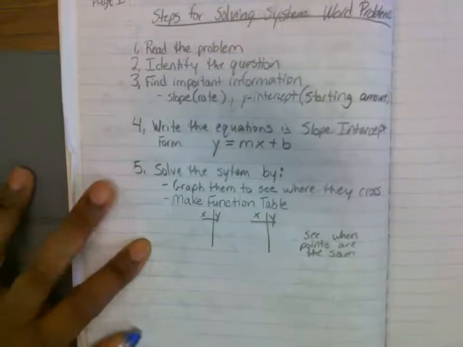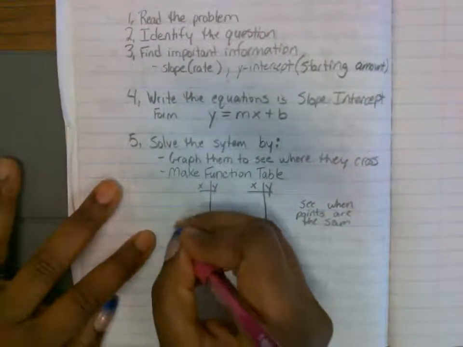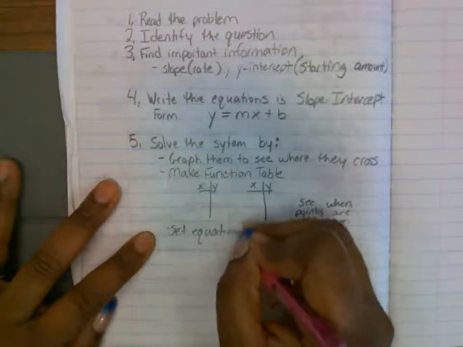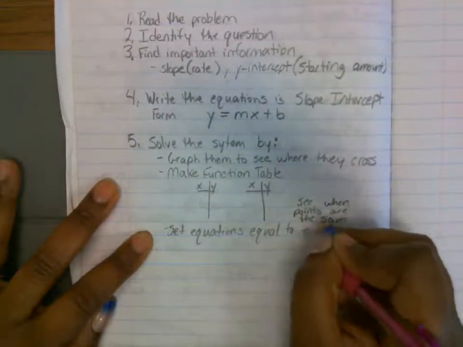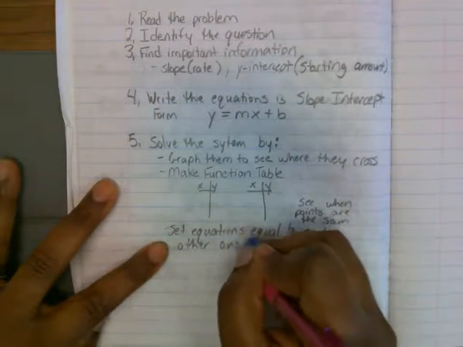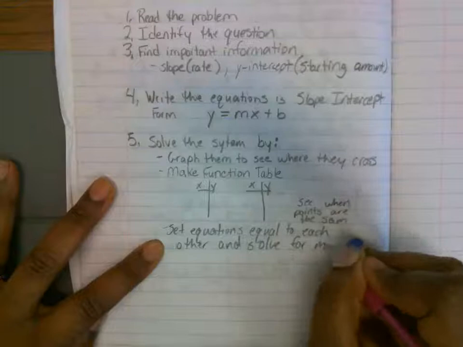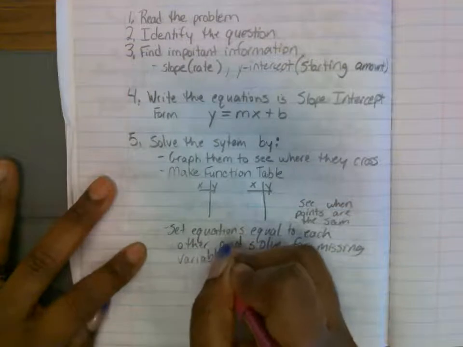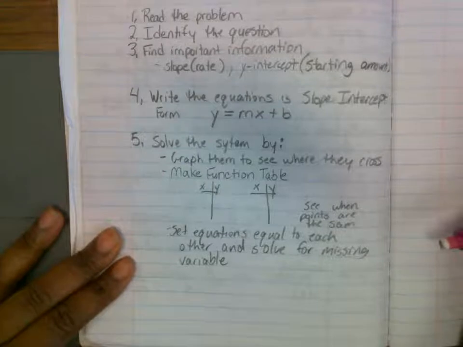Or you might lastly set the equations equal to each other and solve for the missing variable. Set equations equal to each other and solve for missing variable. And of course, I know I need to wait a little bit because I said a lot there. So I'm going to pause for the calls.